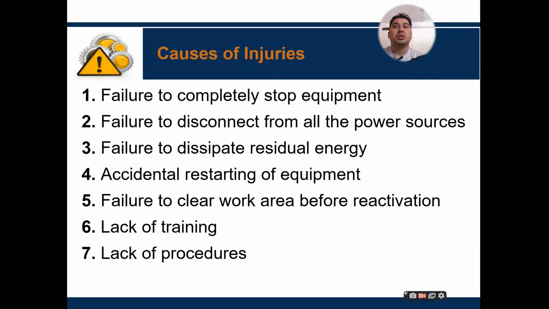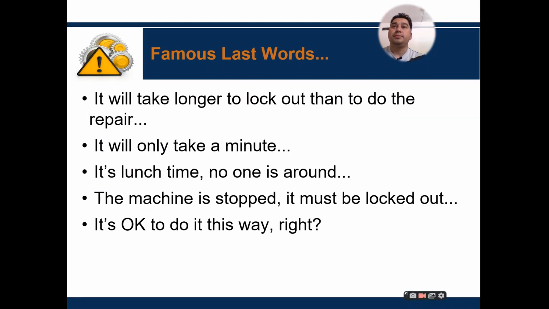Lack of training: people involved in the lockout tagout process are not competent, they are not trained properly. Lack of procedures: no proper procedures implemented, how to do it, what steps we have to follow during the lockout tagout process. So all these things are the major causes of injuries that we have to take care of.